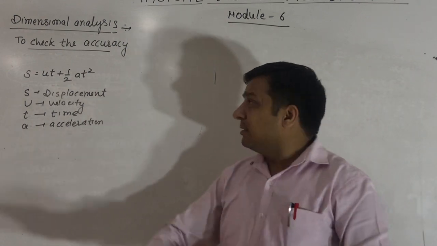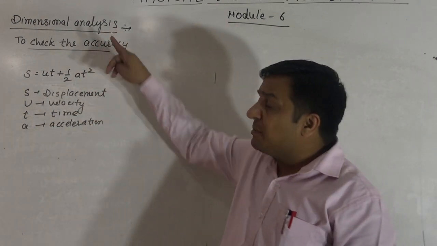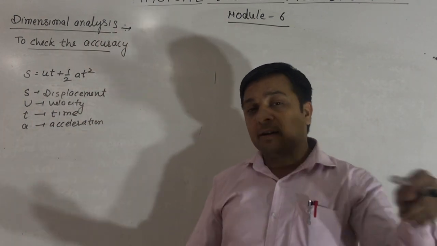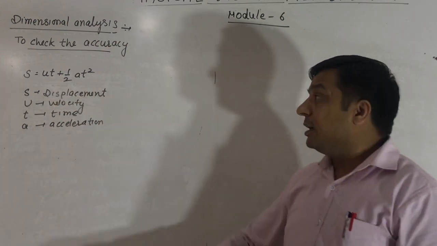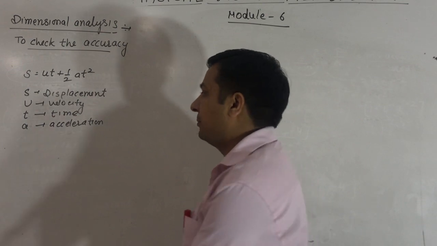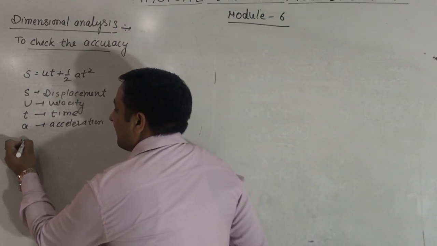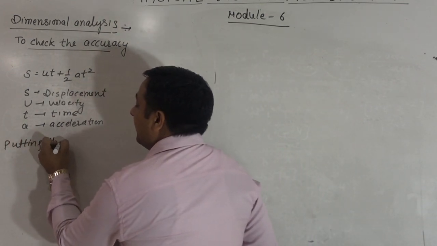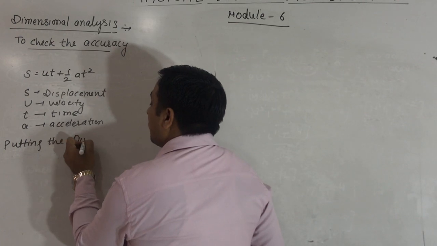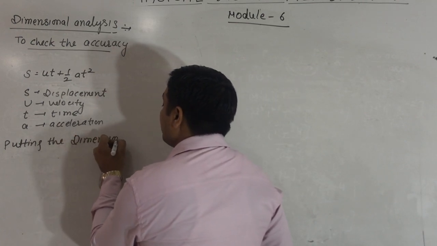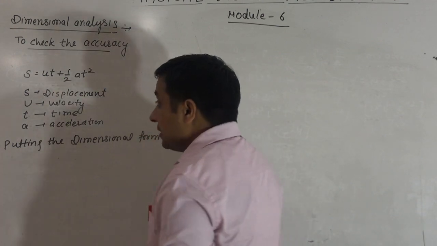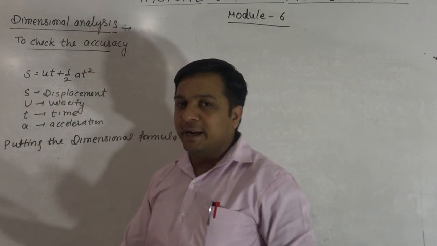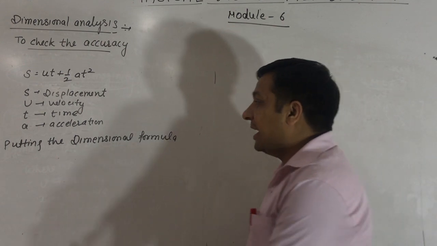For checking the accuracy using dimensional analysis, again I tell you, you will have to learn the dimensional formula. Now put the dimensional formula. Next step, putting the dimensional formula. The dimensional formula of displacement, a fundamental basic quantity, is L.